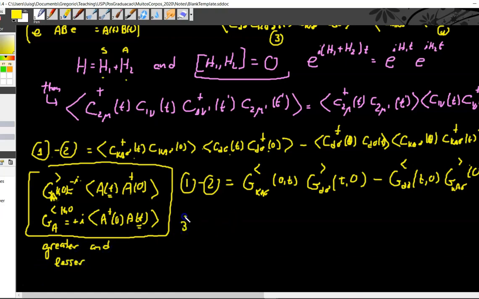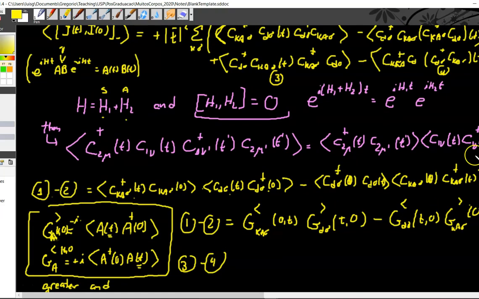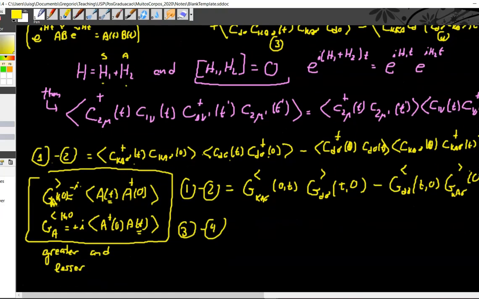Now 3 and 4, 3 minus 4, which is this other combination here, I can also do the same trick, rewrite them in terms of Green's functions.